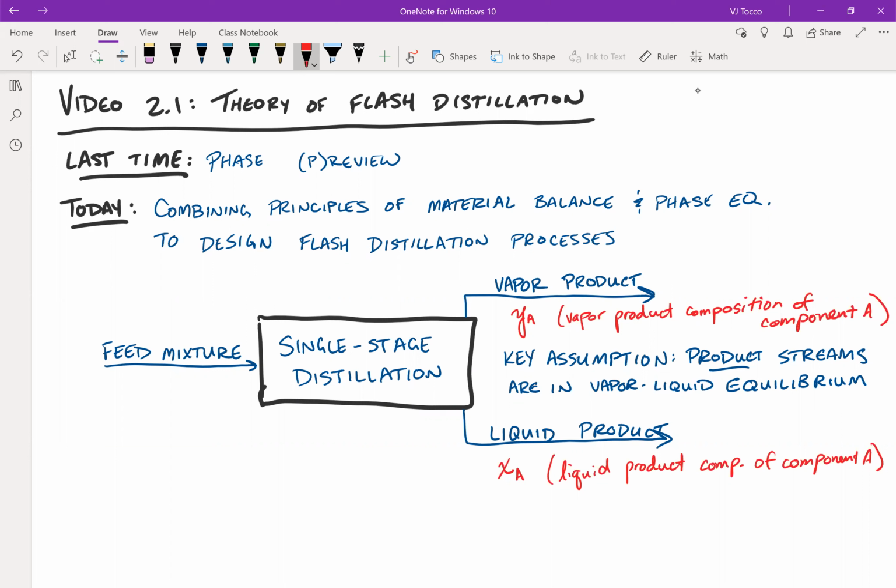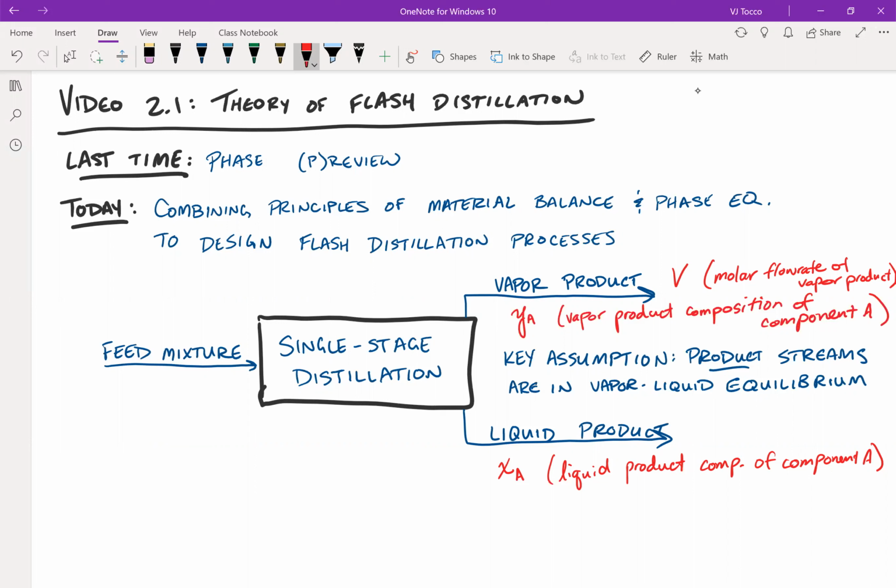And that is going to be a confusing notation for this class. So in order to clarify this a little bit, I'm just going to simply use the variable V for molar flow rate of vapor product. And we'll understand that V is the flow rate. It doesn't have to be V dot.